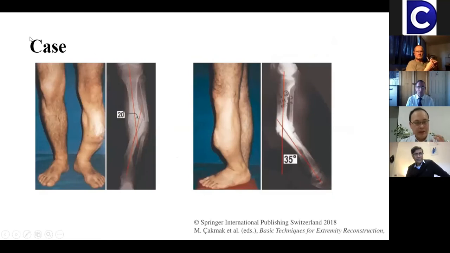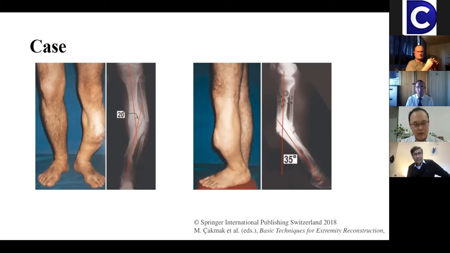So I want to give a case so we can understand easily. You can see here, in the front view, we can see a little varus deformity like this. From the X-ray AP view, 20 degrees. The side view, the lateral view, we can see 35 degrees. It's an oblique plane deformity, absolutely.